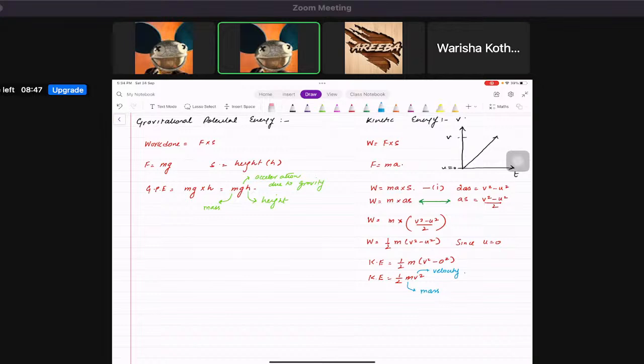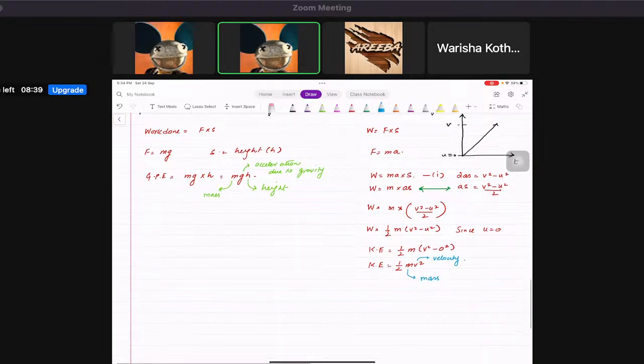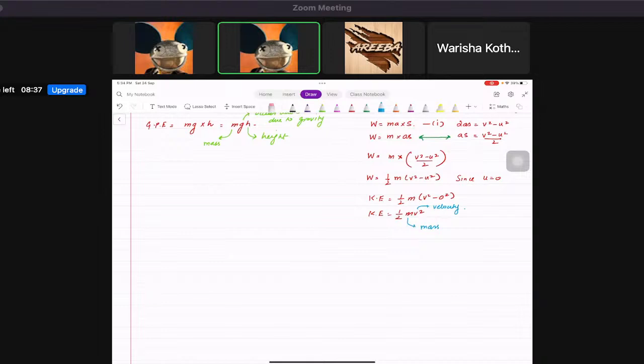Okay, now there's one thing I would like to tell you, and that's very important, and that is the concept of difference of energy. When you take the change in energy, you want to do it the correct way.